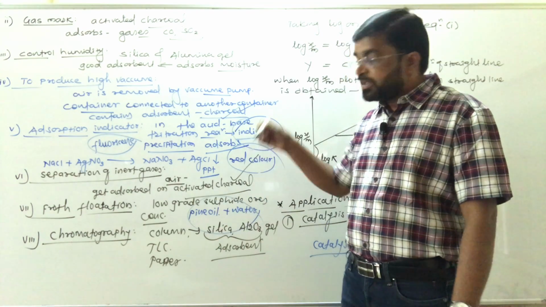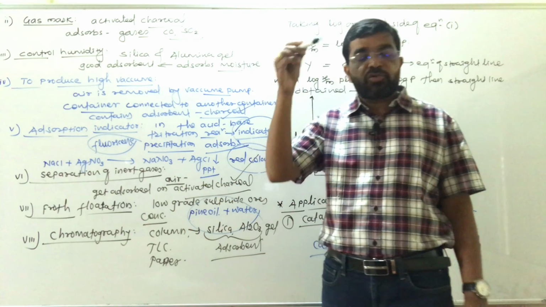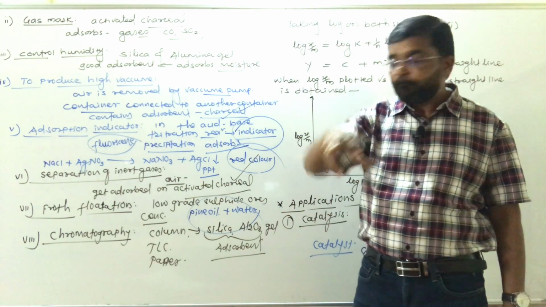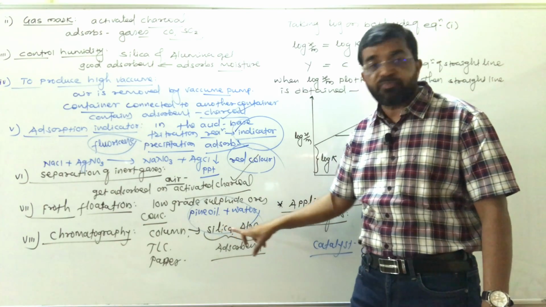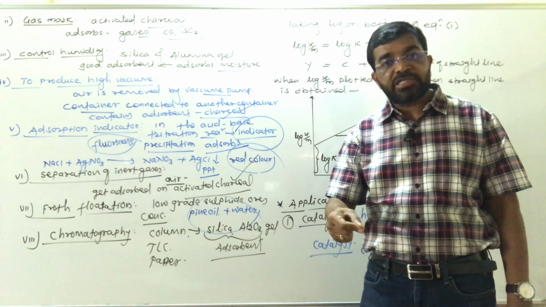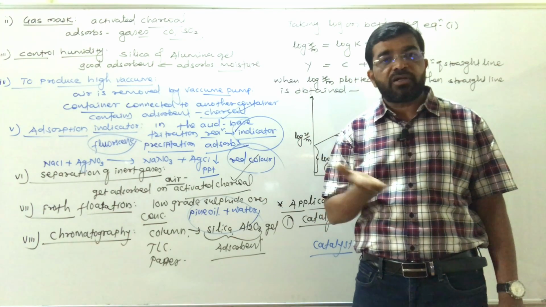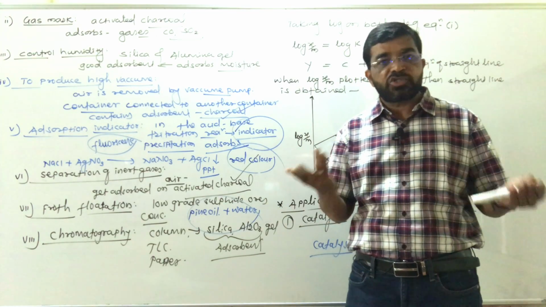Later we have to study this in the chapter on chromatography. The mixture is poured in the column and gets adsorbed on the surface of the silica gel or alumina gel. Their rates of adsorption are different, and they form different color bands and hence get separated.